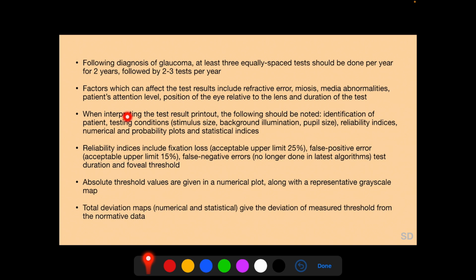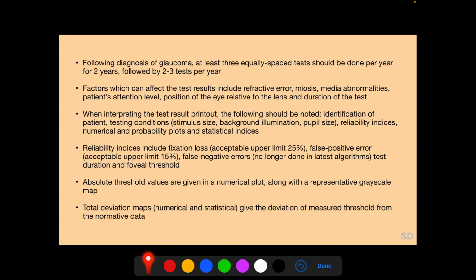When interpreting the test result printout, the following should be noted: identification of the patient, testing conditions such as the stimulus size, background illumination and pupil size, reliability indices, numerical and probability plots, and statistical indices.